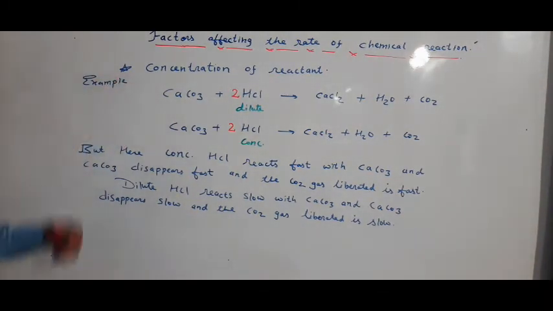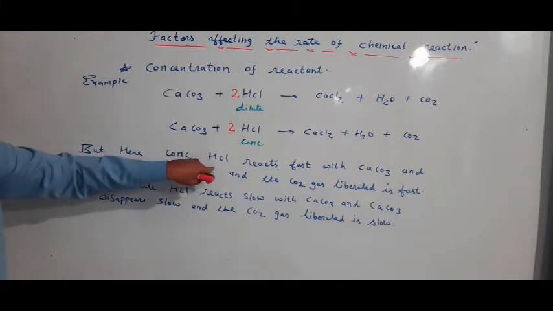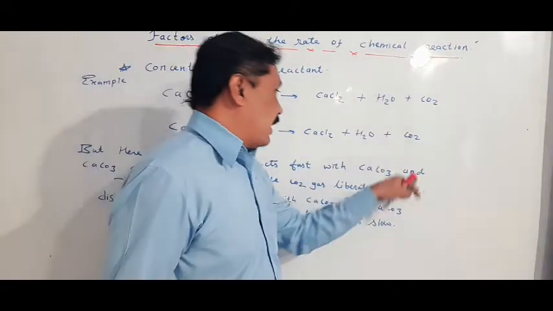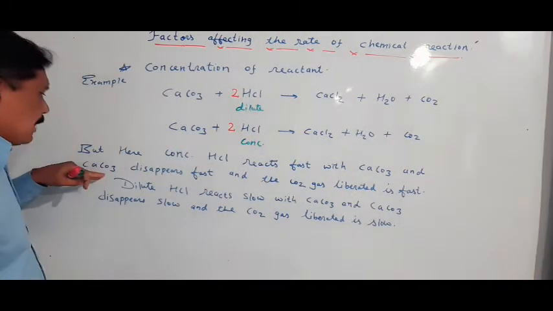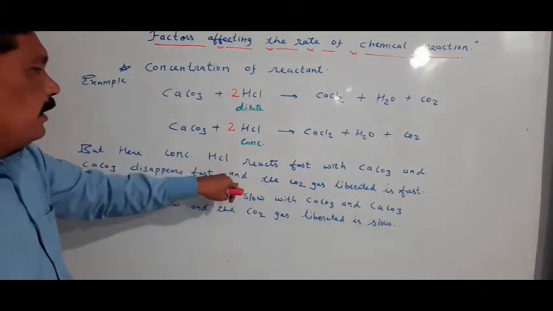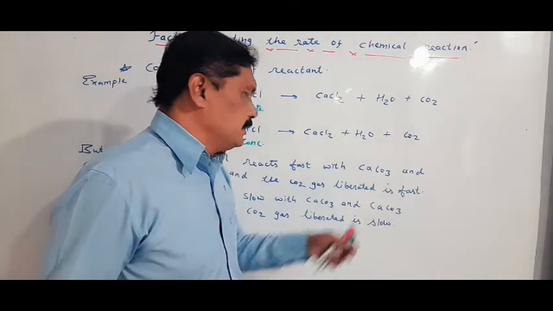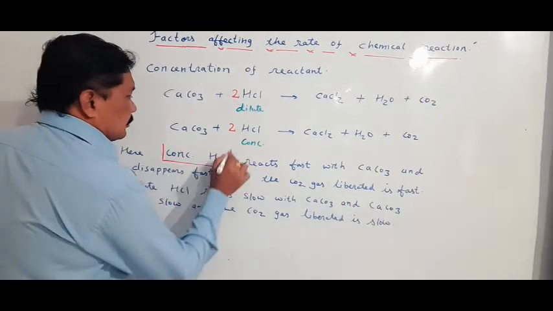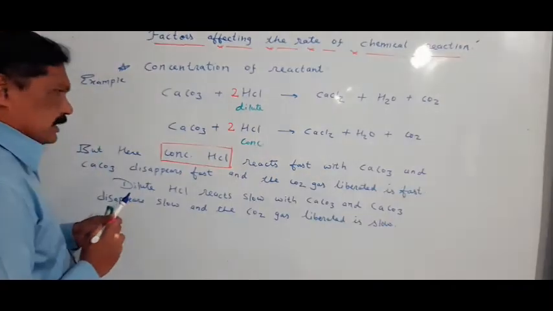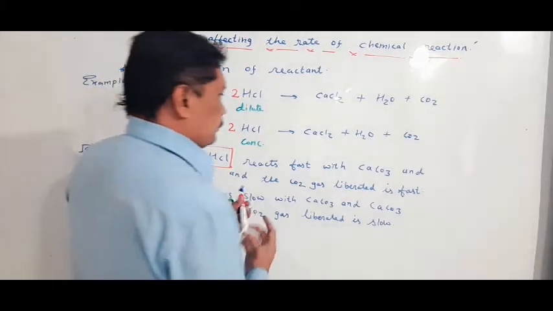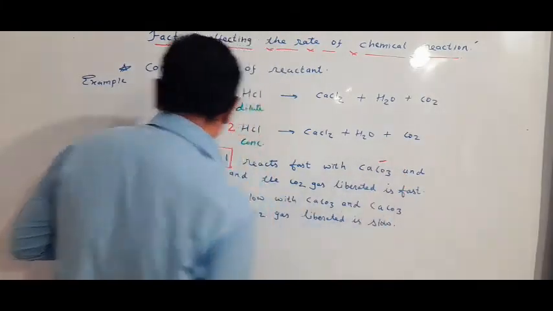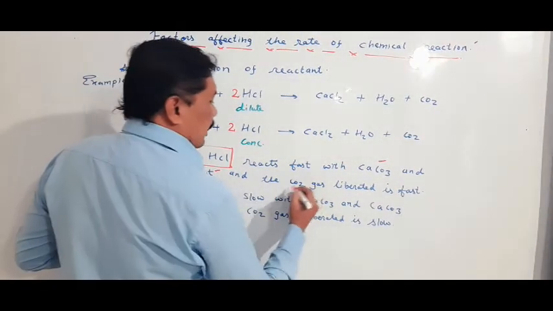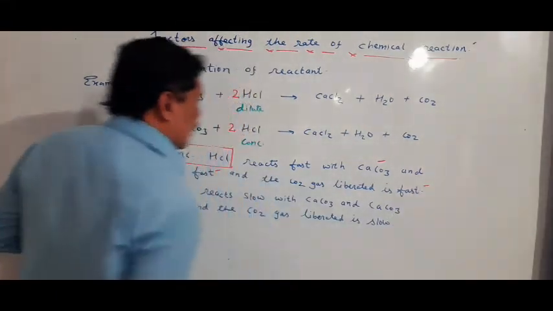If we consider both the reactions, we will see that concentrated HCl reacts fast with calcium carbonate and the calcium carbonate disappears fast and the carbon dioxide gas liberated is fast.